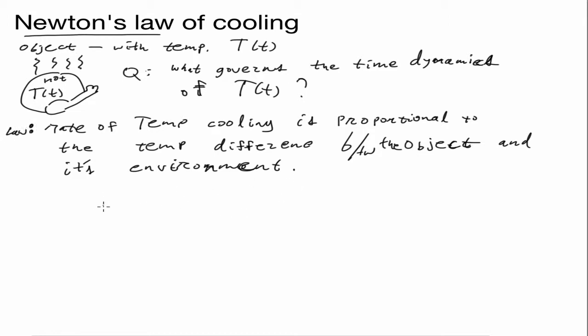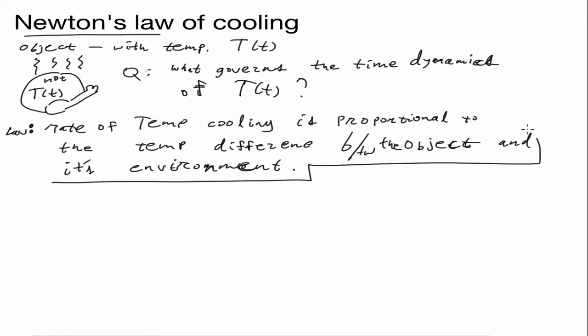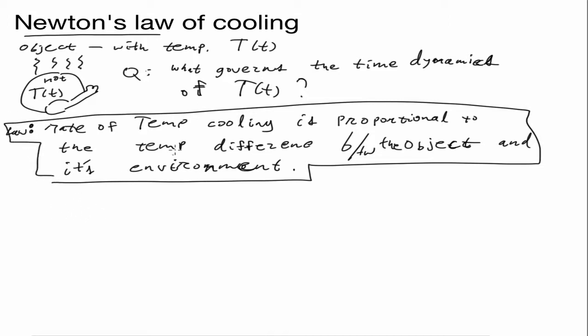Okay, and let's write down the differential equation that actually summarizes this law right here. So they say the rate of change, the rate of temperature cooling. So that's actually dT/dt. Okay. We say it's proportional to the temperature difference, which means we'll have K being our proportionality constant.